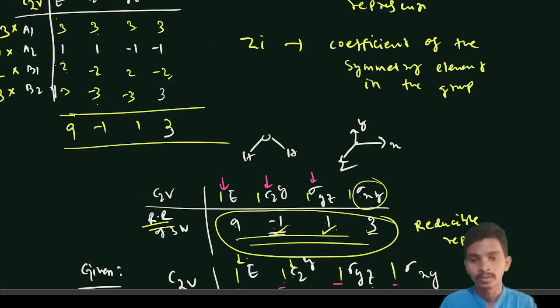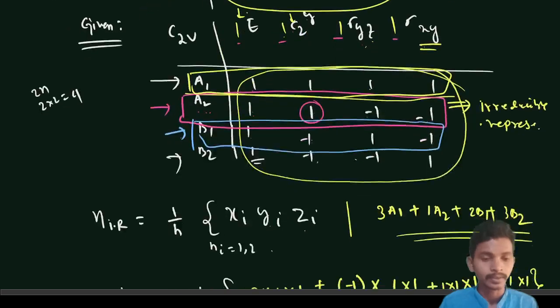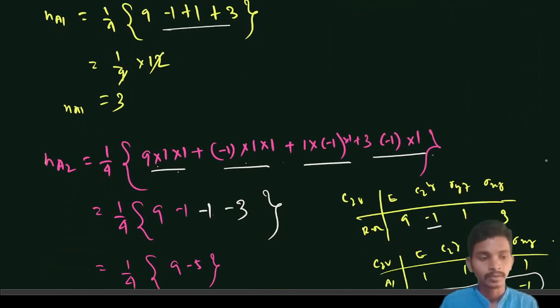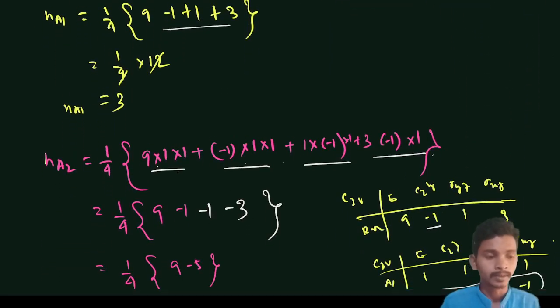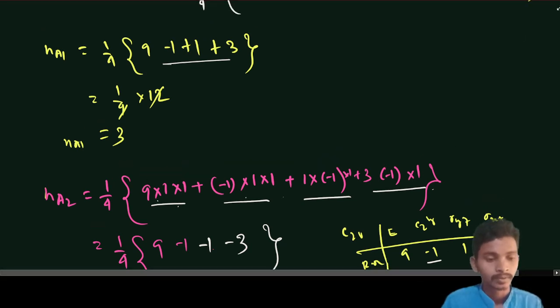Okay, so here I am multiplying by 3, so I have to get 3. So the same values we are getting, then this is correct. Okay, so after this, similarly we can calculate for C3v for ammonia. That we will discuss in the next class.